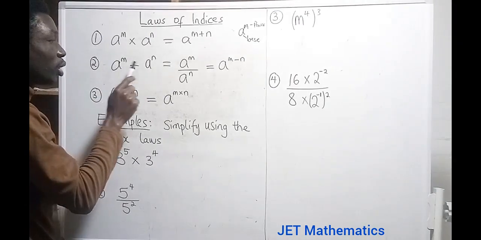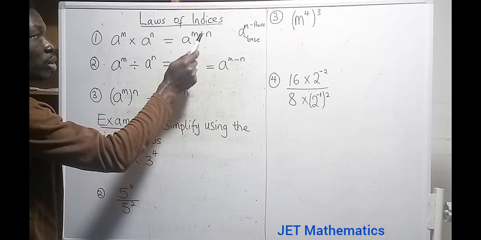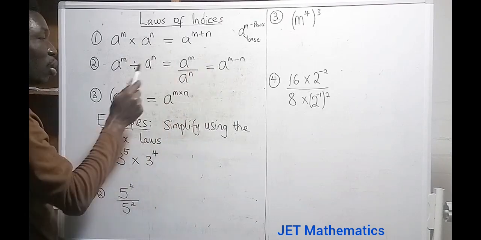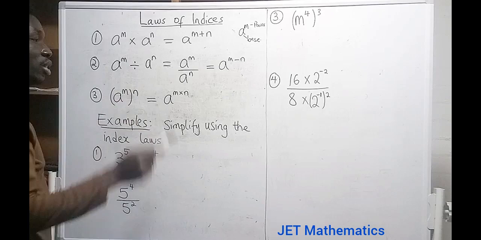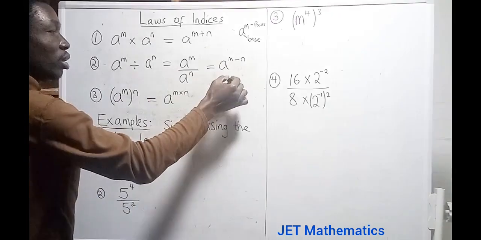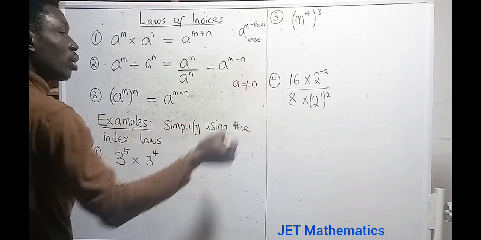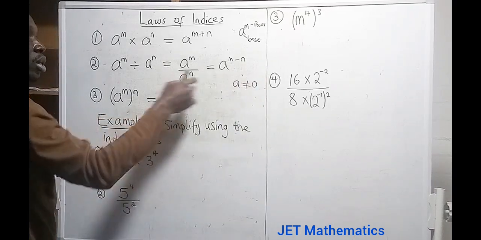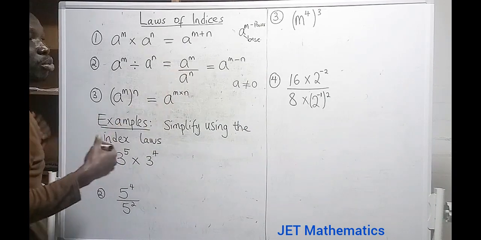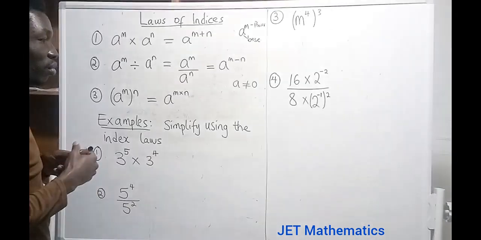So you must ensure that the bases are the same before you can either add these powers if it's multiplication, or subtract the powers if it is division. In this division case, a cannot be equal to 0, because if a becomes 0, then the expression will be undefined.